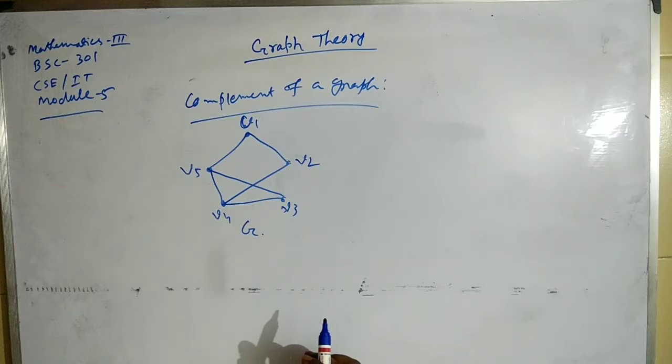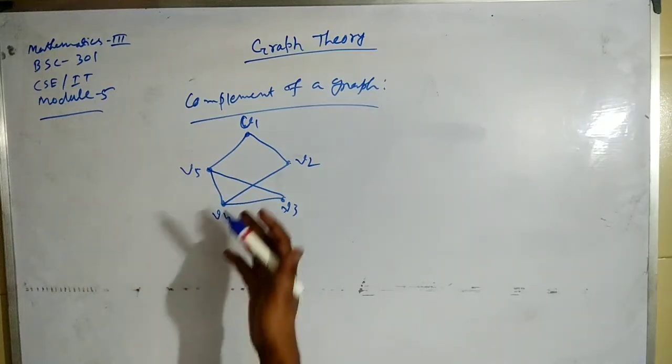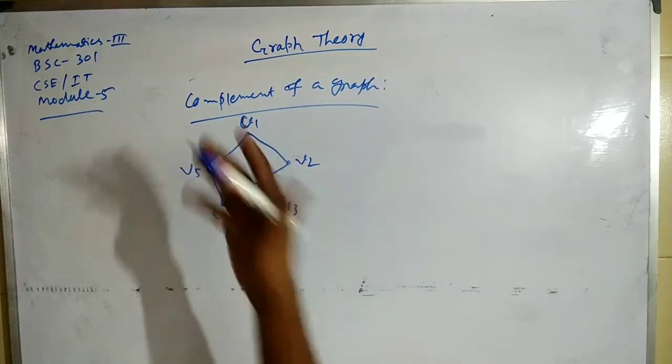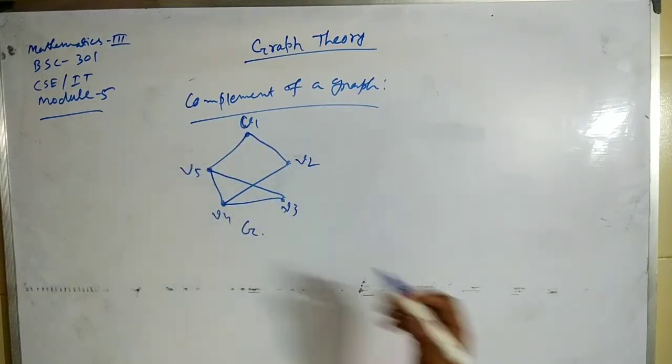You know the definition of a complete graph. A complete graph is a graph in which every pair of vertices are adjacent to each other. Now, this graph is not complete because every pair of vertices are not adjacent, like V1, V4 is not adjacent, V3, V1 is not adjacent, V2, V5 is not adjacent.